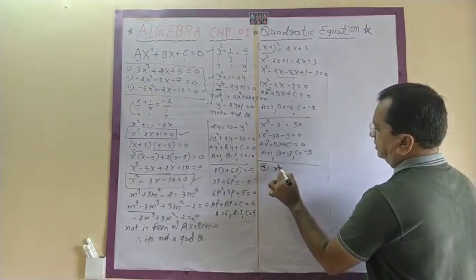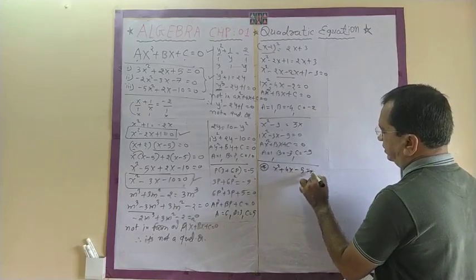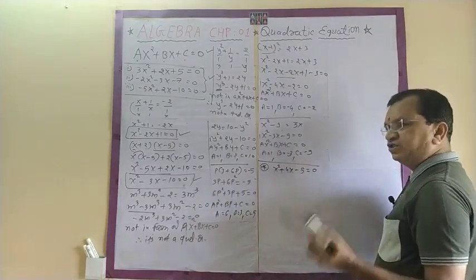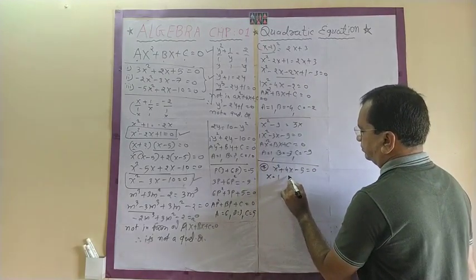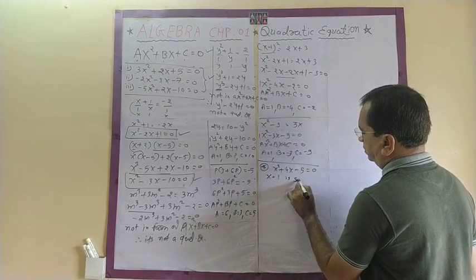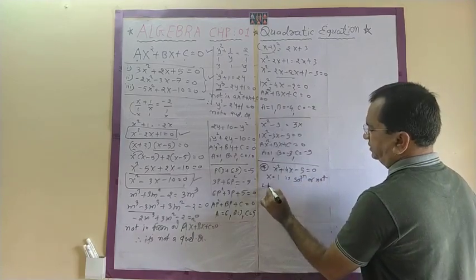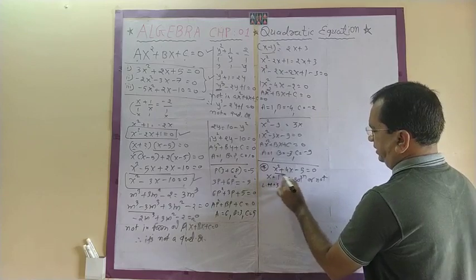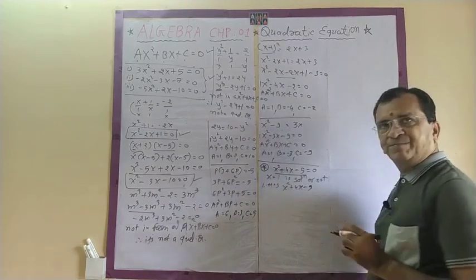It is given that x square plus 4x minus 5 is equal to 0. Check whether x = 1 is a solution or not. So left hand side, only left hand side. Left hand side is x square plus 4x minus 5.